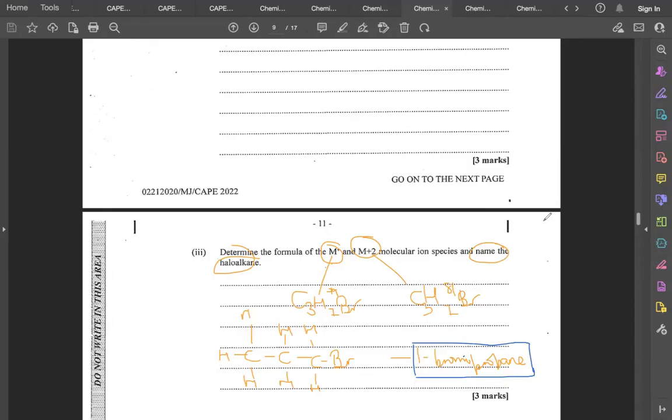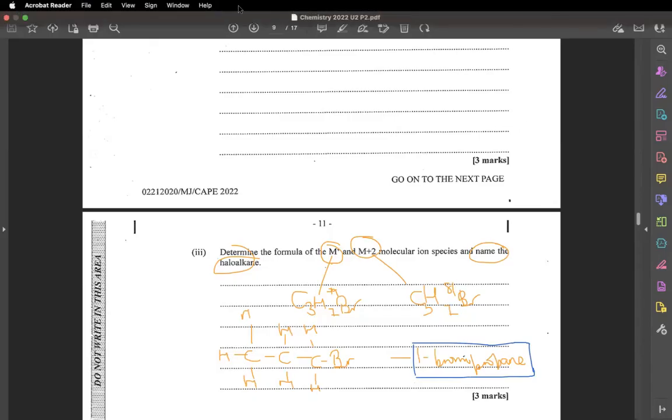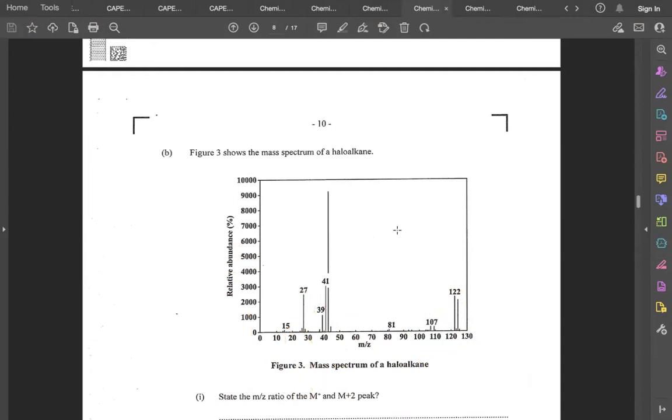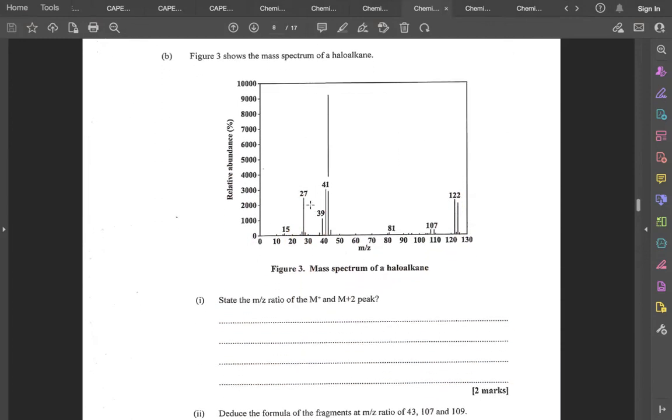And just know that these other things on the graph are fragments, which means that the molecule is broken in different places. And that's why we see these ones. This is our most stable fragment. So this would be formed from a tertiary carbocation, which would give you a super stable fragment, right? So you can just think of that.